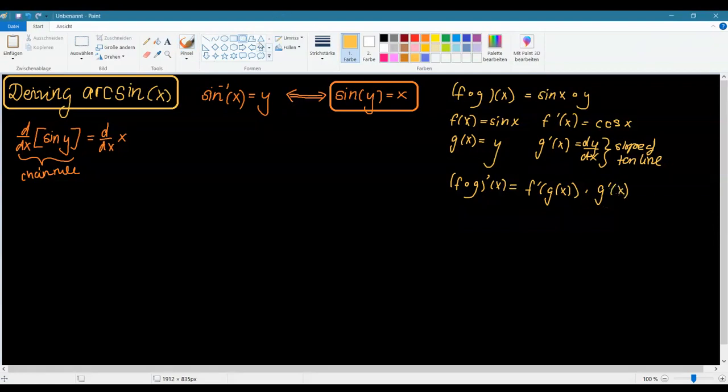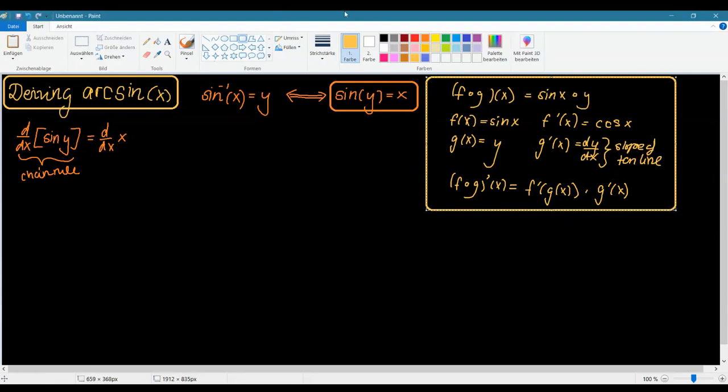Well, okay. Now we can just pretty much plug things in because we've done all the work over here, haven't we? We can just plug in our sine x and our y, and we're going to end up with cosine, because the derivative of f of x is cosine, but instead of x, it's going to be y.